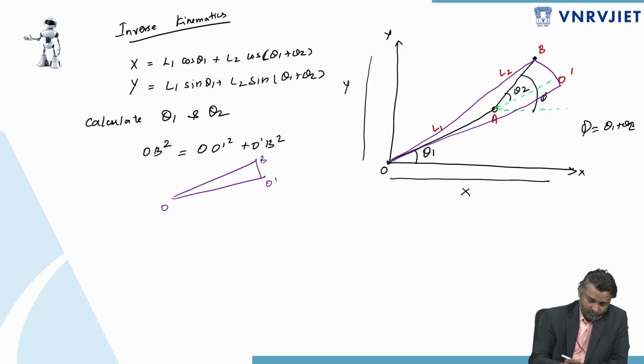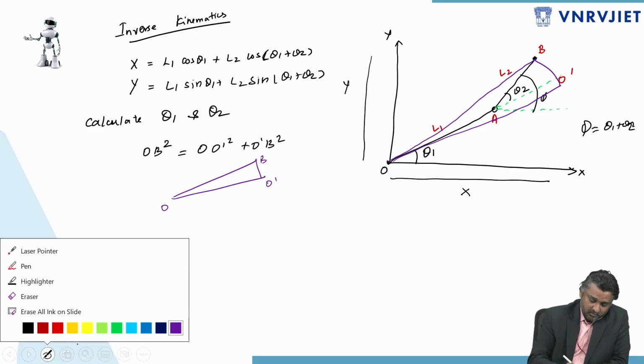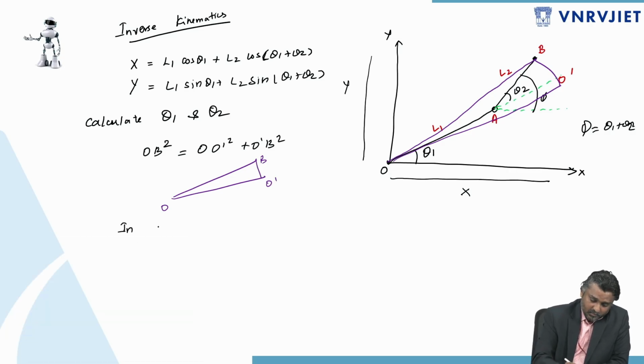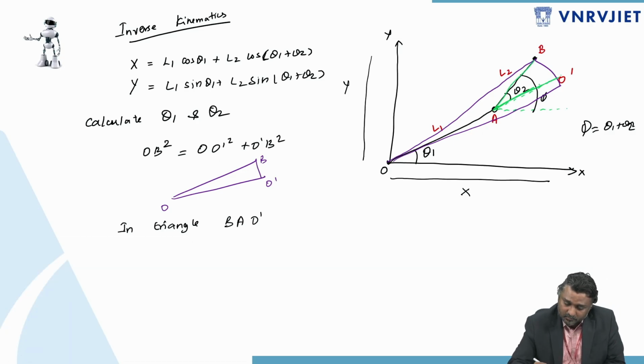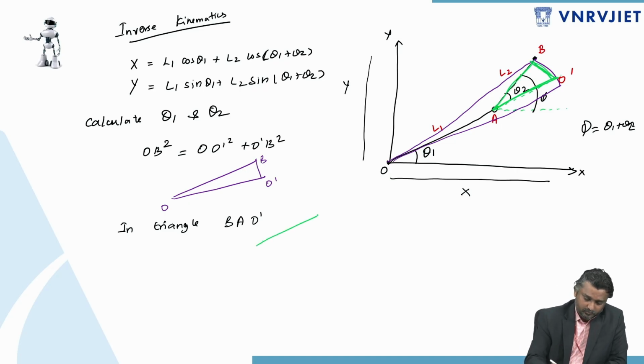Now in the triangle BAO dash, what is the BAO dash? In this triangle, sin theta 2 is equal to O dash B by AB.